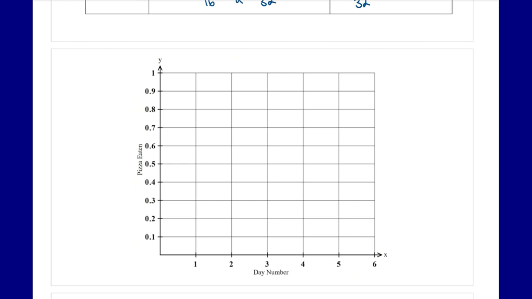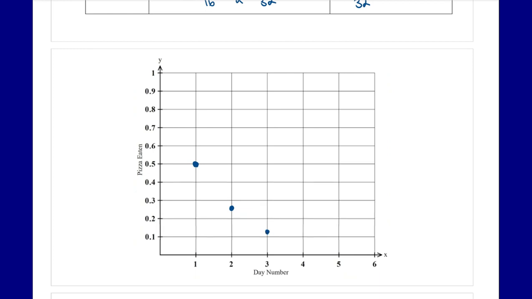On day 1, we have half the pizza remaining. Day 2, we have a quarter of the pizza remaining, 0.25. Day 3, we have 1/8 or 0.125.